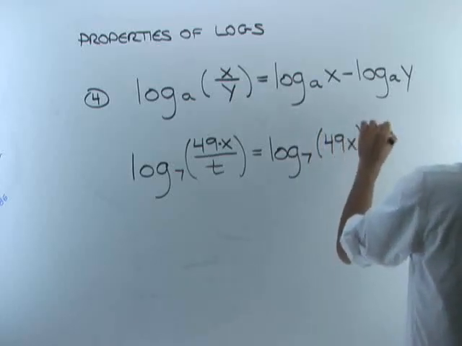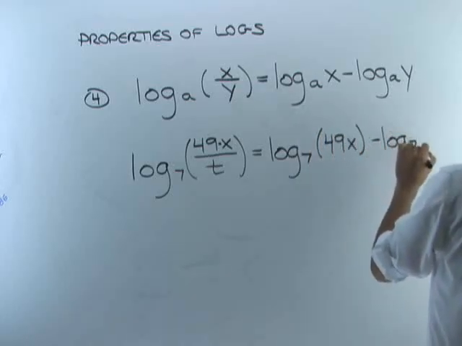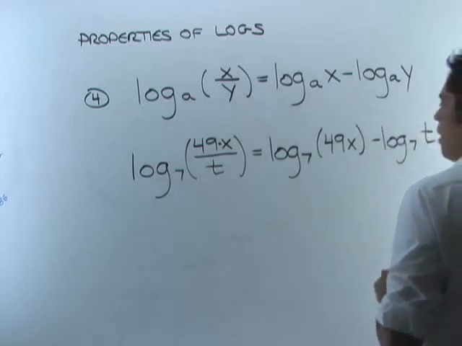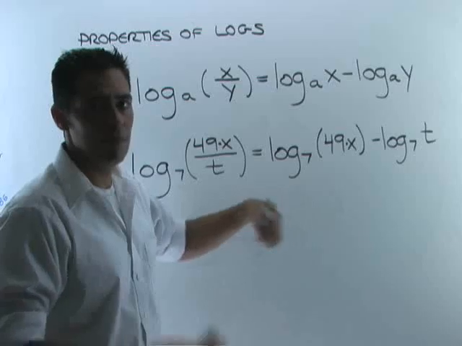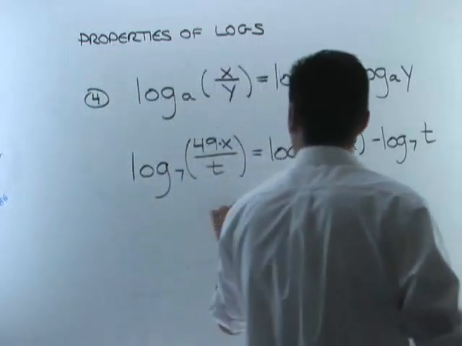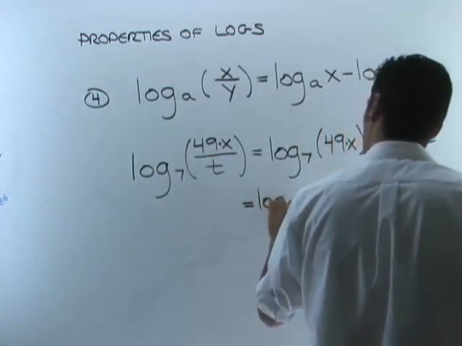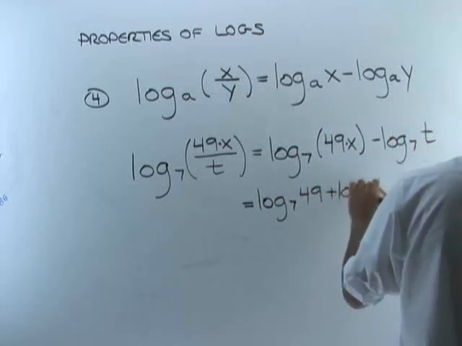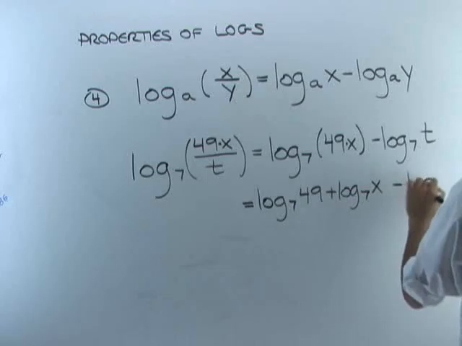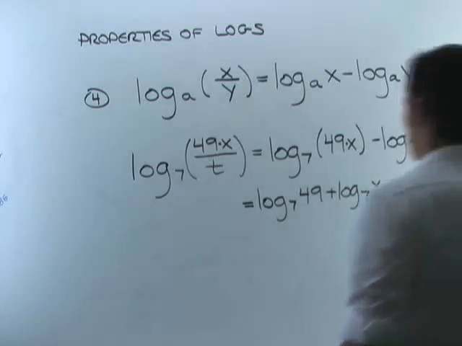Log base 7 of 49x is my top, minus log base 7 of the bottom, which is just t. Okay, now this is multiplication. And remember, multiplication becomes addition. So this will become log base 7 of 49 plus log base 7 of x. And we still had over here minus log base 7 of t.